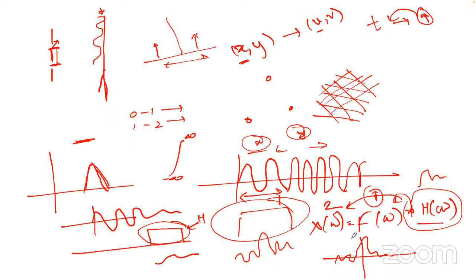Similarly, there are different kinds of filters, like Blackman-Harris. I remember currently Blackman-Harris is what we use, and then the Hamming filter is also there. So there are different types of filters which are used to sample a signal.